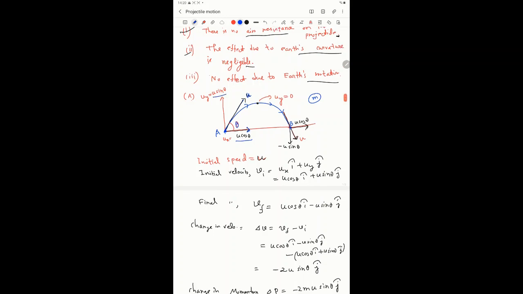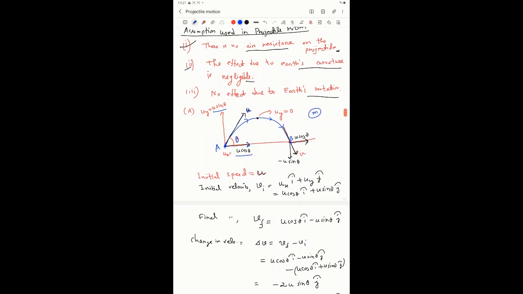During the projectile motion, now we will talk about the acceleration that is acting on the particle. The acceleration in the x-axis, a_x, will be 0. It means that there will be no force in the x-axis, F_x equals 0. Acceleration is also 0.